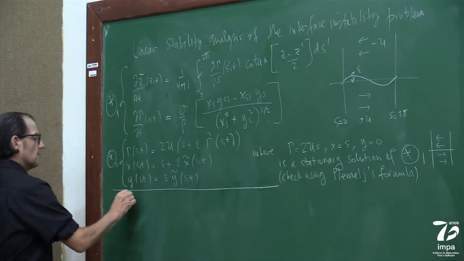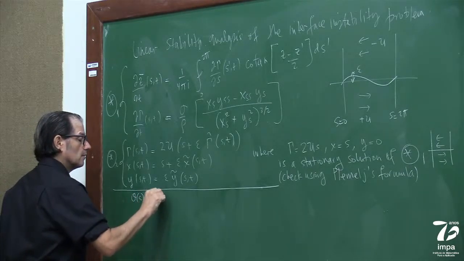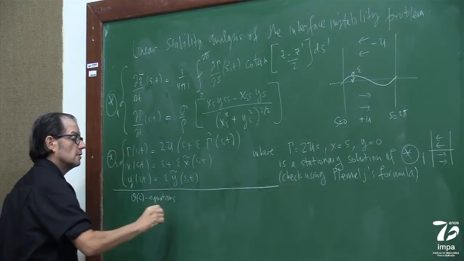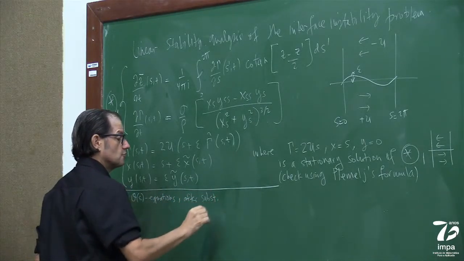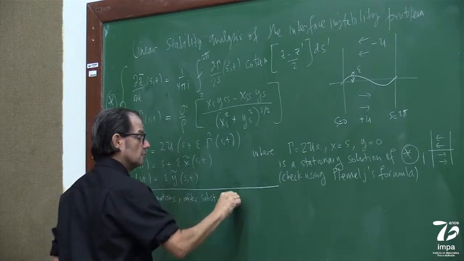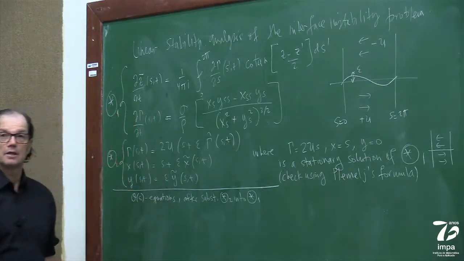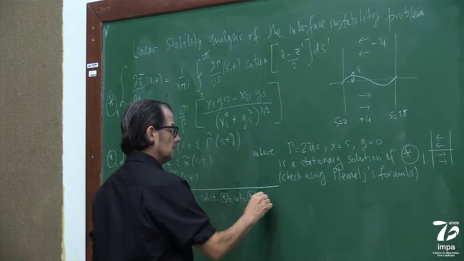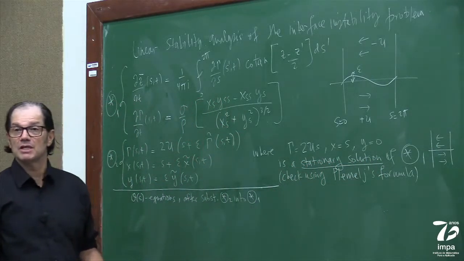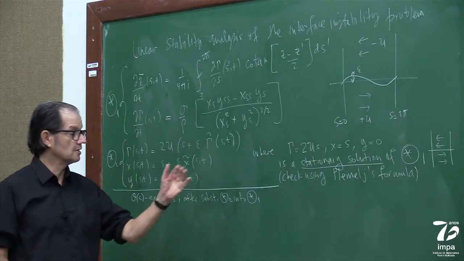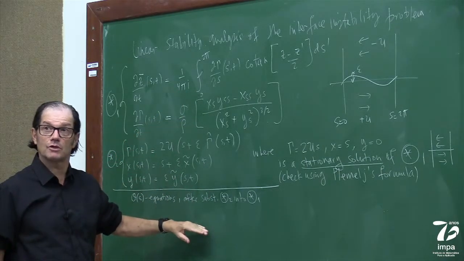So let me write it like this. Order epsilon equations. How? After substituting 2 into 1, and remembering that the fact that this is a stationary solution means that the order 1 term of this expansion satisfies this equation, then we're going to look at the order epsilon equations.